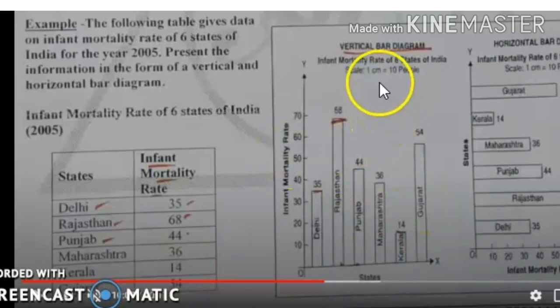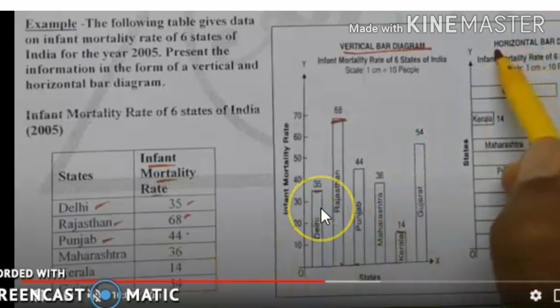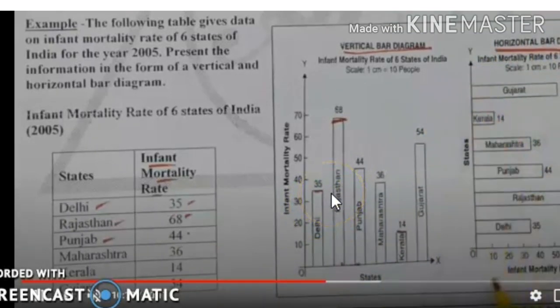So like this you can mark a vertical bar diagram, and for the horizontal bar diagram, the states are shown on the y-axis and infant mortality on the x-axis.